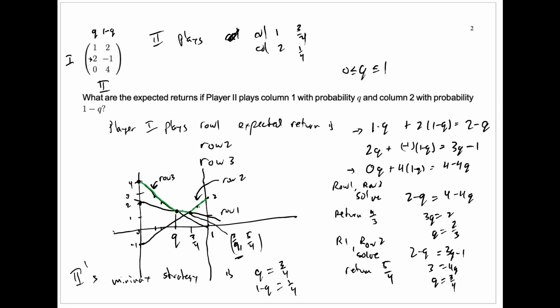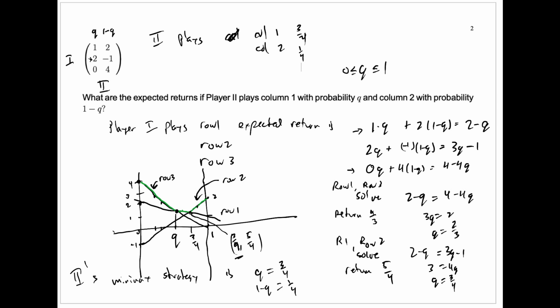Well, if player 1 plays either row 1 or row 2, the expected return will be exactly 5/4. If player 1 happens to play row 3, then that would be even better for player 2, but player 1 would know this and avoid playing row 3, knowing that this is the minimax strategy for player 2, and player 1, by playing either row 1 or row 2, will get a return of 5/4.